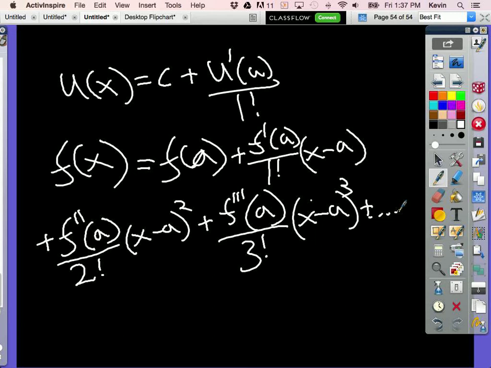Because think about it. Let's say A is 5, and you look at 5.2. Or maybe you're interested in the function in the domain 5.2 to 5.5. Well, what's x minus A going to be? 0.2. And as you start to take powers of it, what is going to happen to 0.2?